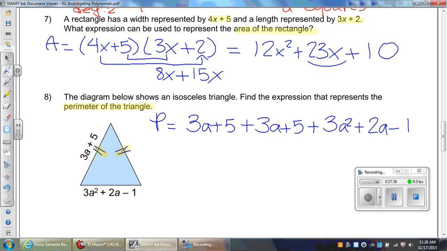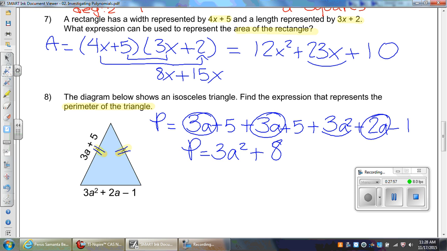All right. We only have one 3a squared, right? So now I want you, Kimberly, to combine 3a plus 3a plus 2a. So how many a's do we get? We get 8. Very good. And then with our numbers, we have 5 plus 5 minus 1.